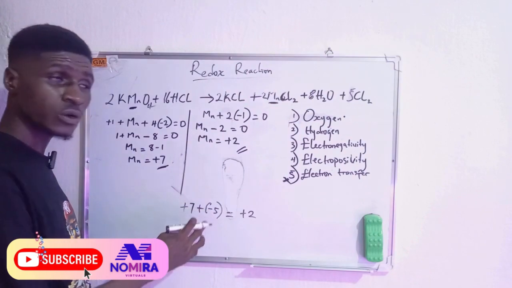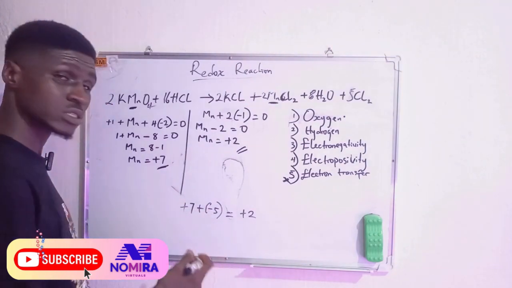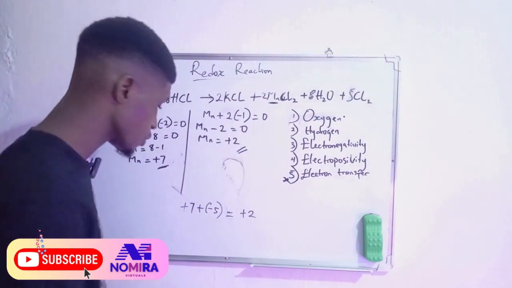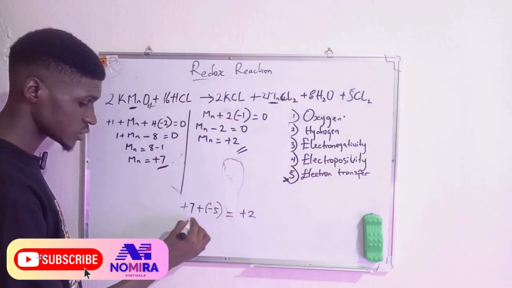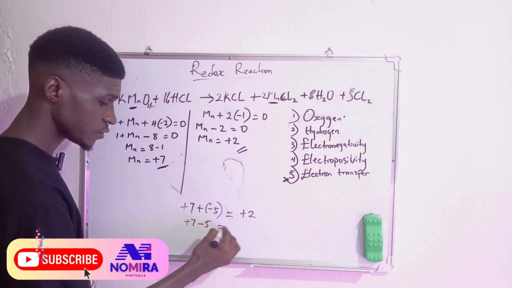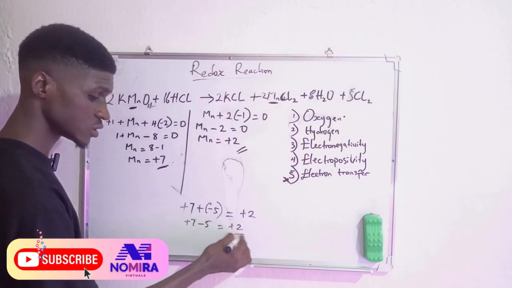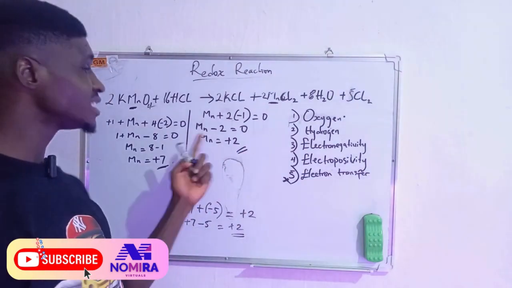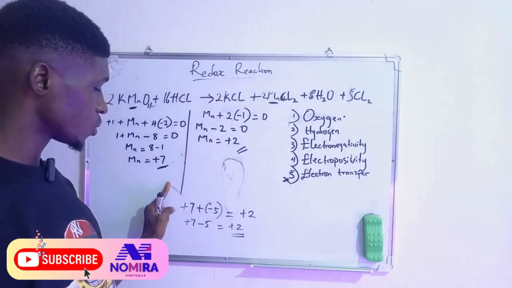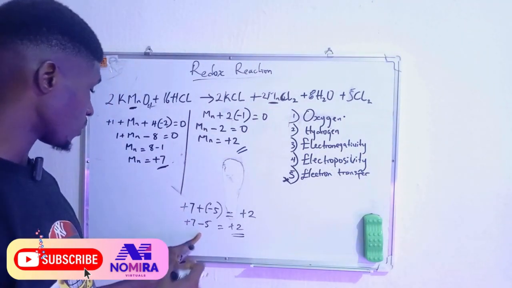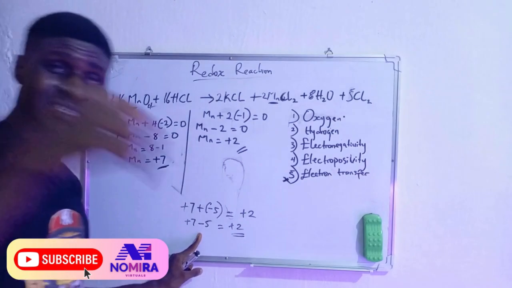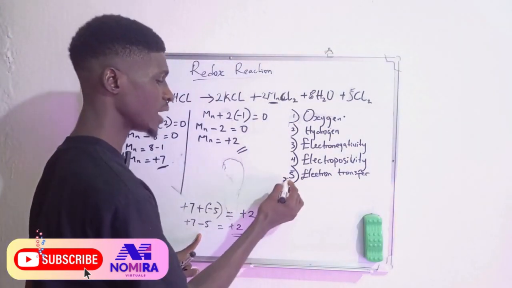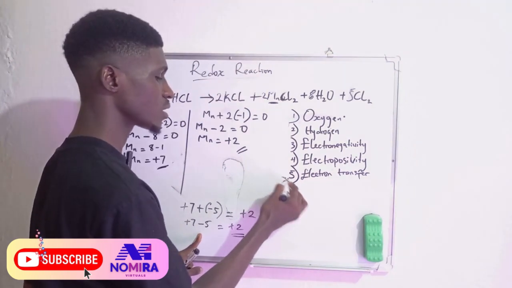Minus meaning electrons, because electrons are negatively charged. So this will be plus 7 minus 5. You will have plus 2 here, which is what actually happened in this place. So reduction in this context is when you are adding more electrons. This is why I asterisk this particular criterion.